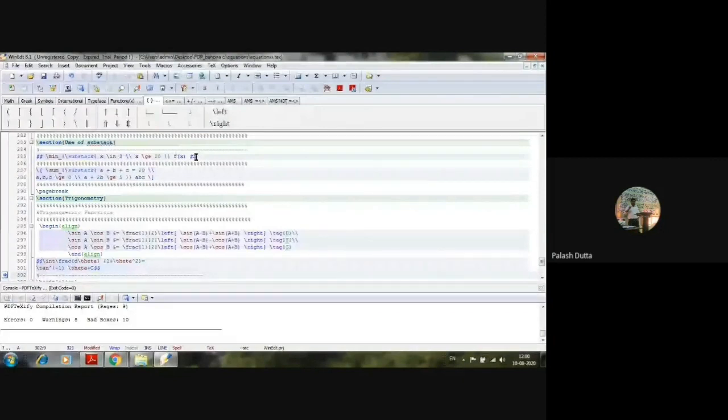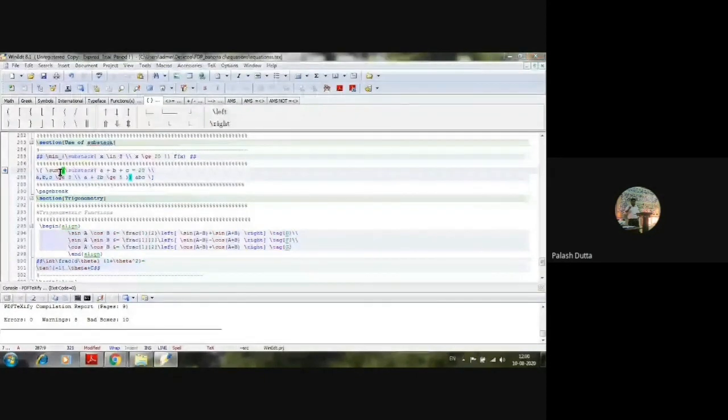We write sum, then underscore, then substack: a plus b plus c equal to 20, then abc greater than or equal to 0, with a slash slash between the lines.